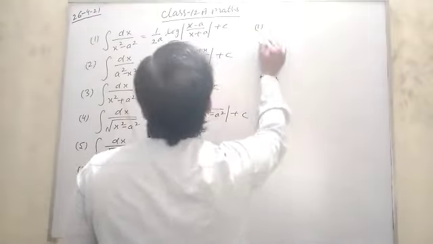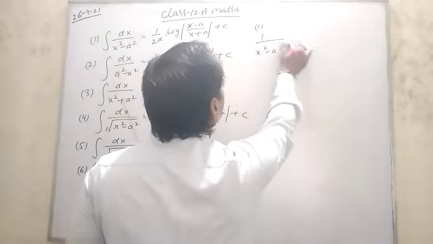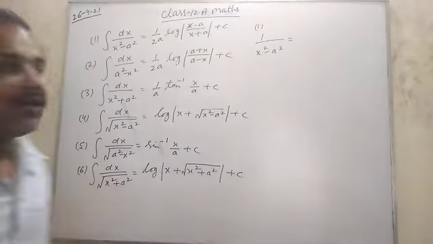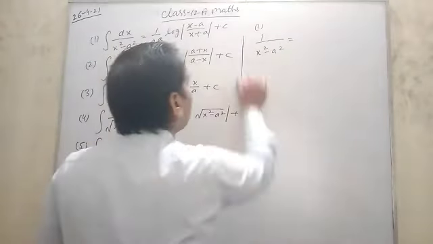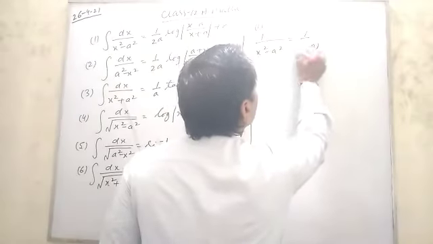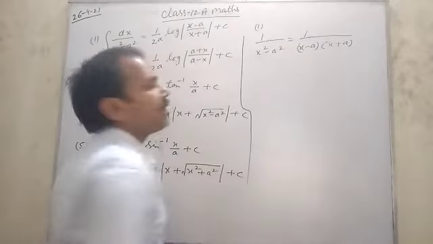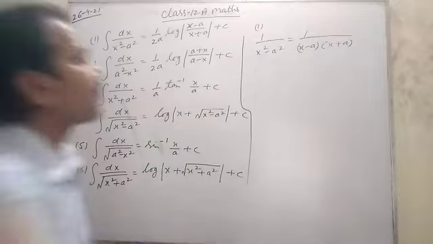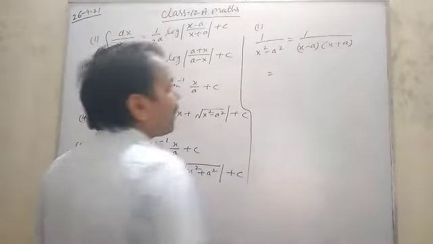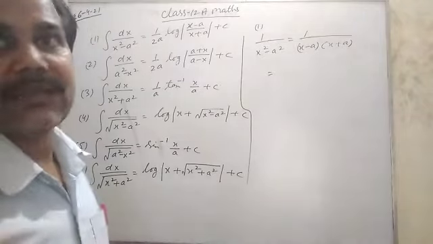Okay. So like the first formula, first 1 upon x square minus a square. So we can also write x minus a, x plus a, formula a square minus b square. So 1 upon x minus a into x plus a. So you break it in 2 parts.